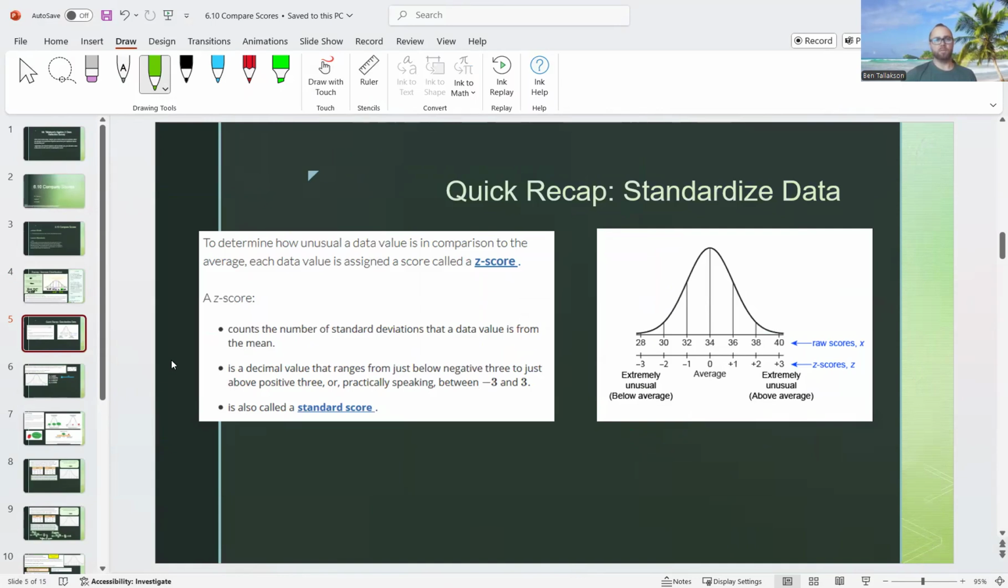Here's another recap. You can read through this to refresh your memory if you'd like, but I just have one question for you. When we look at these z-scores, are these the only possible z-scores we can ever get?